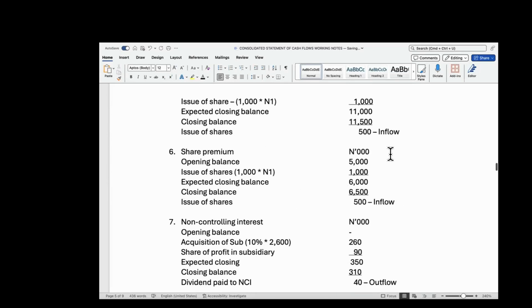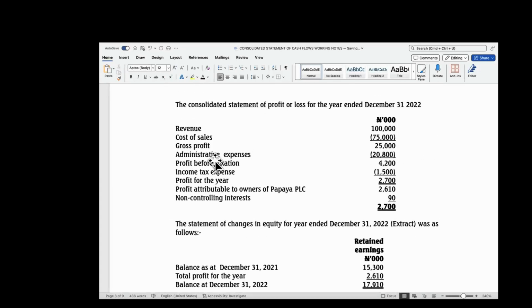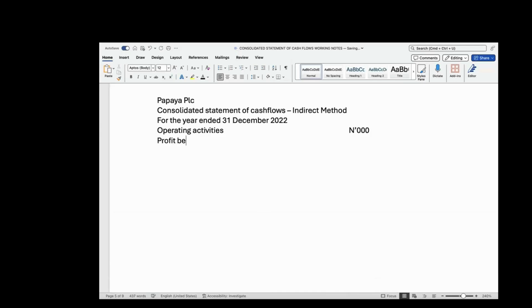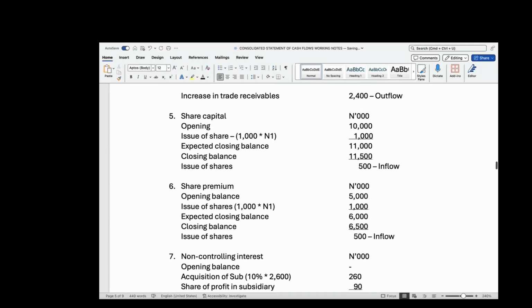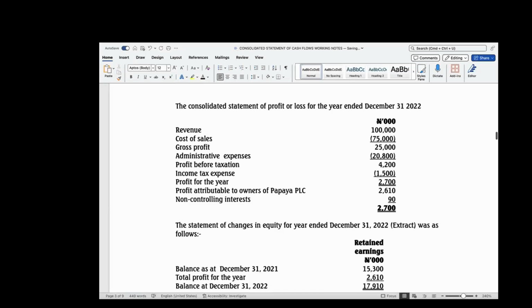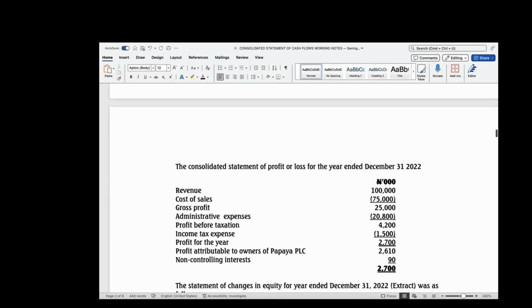Now, your operating activities, I would advise that if you are given profit from operations, start from there. But if you are not, I'm given profit before tax, so I'll start from profit before tax of 4,200. Ordinarily, I will have adjusted back for interest, but there was no interest in the P&L.